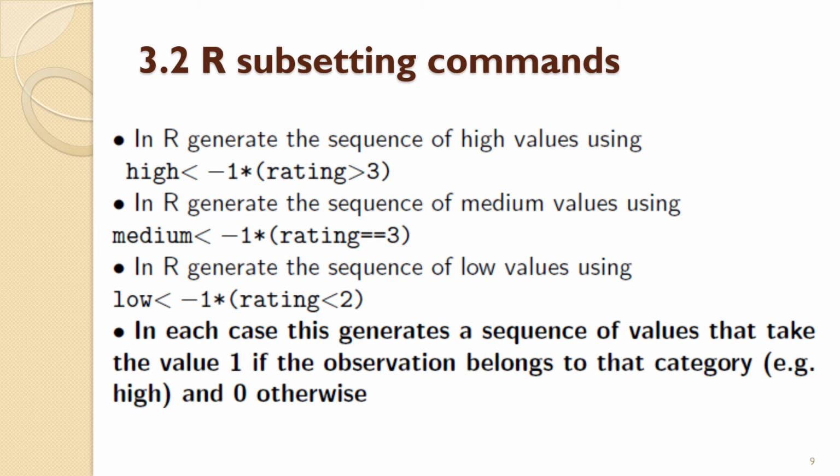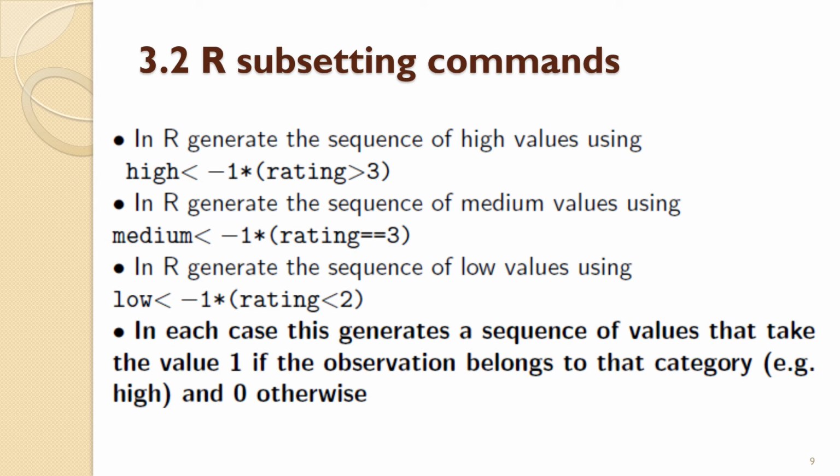So what we're doing here in R is generating the sequence of high values using this expression here, the rating greater than 3, medium values using this expression here, the rating equal to 3, and low values generated with the rating less than 3.